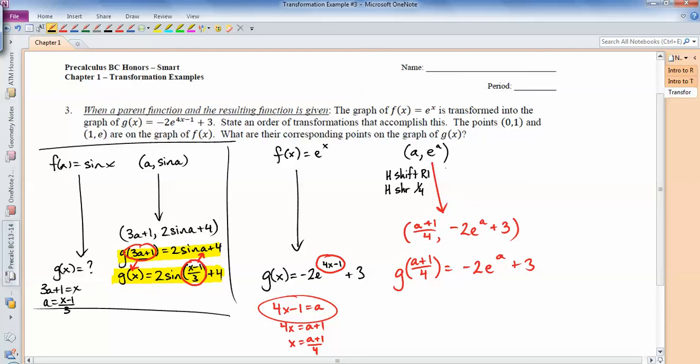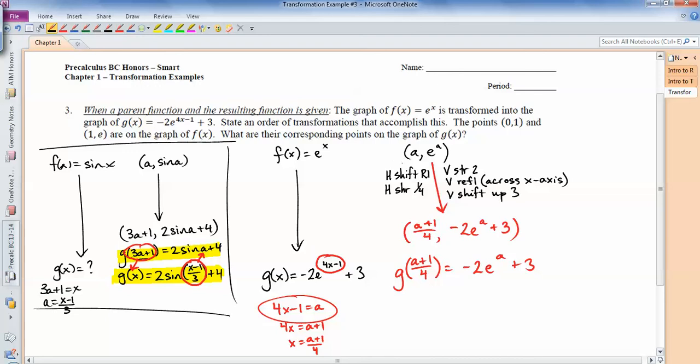That doesn't matter. So let's say first we do a vertical stretch by 2 and then a vertical reflection. And remember, vertical reflection means across the x-axis. And then we're going to go vertical shift up 3. So that's how we're going to get there.